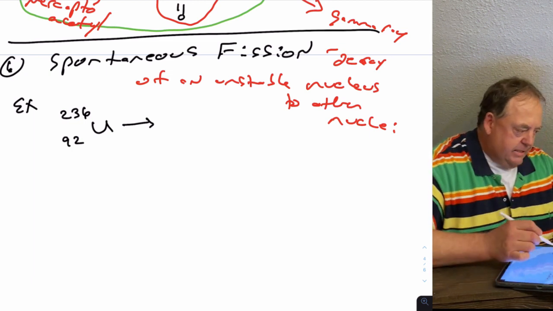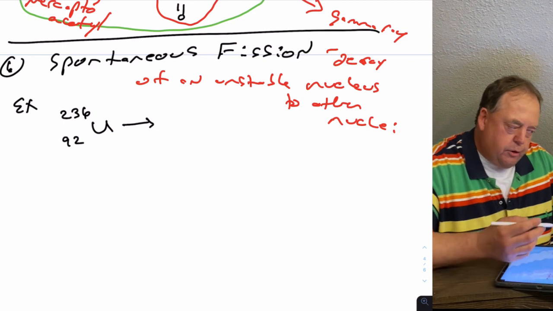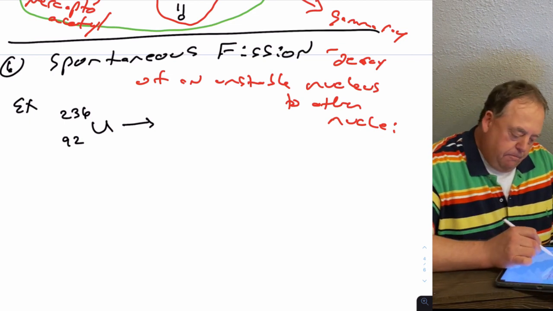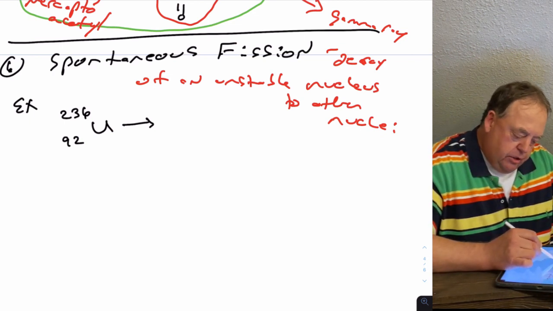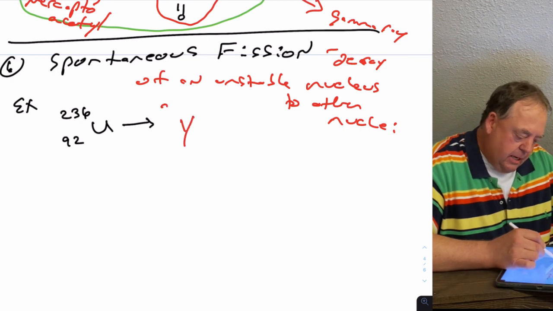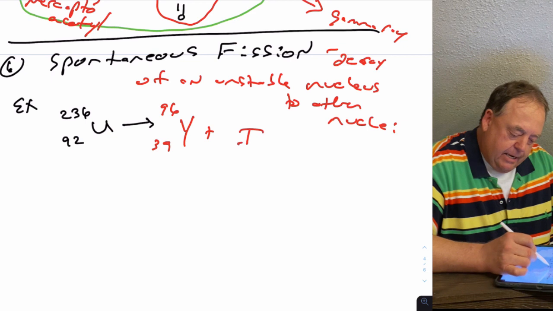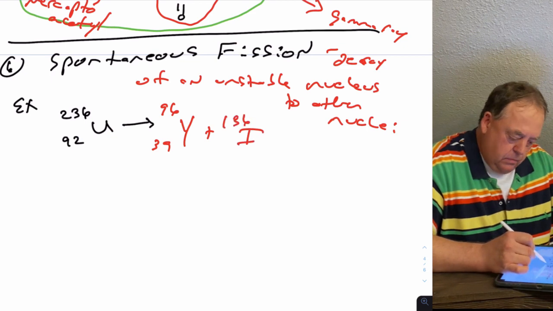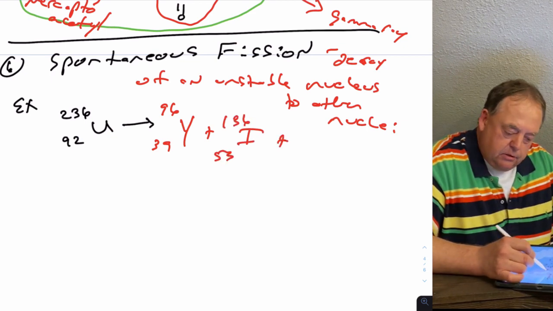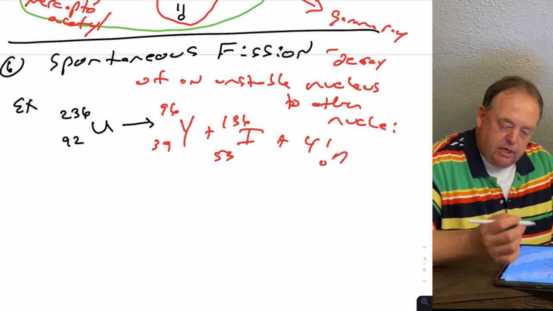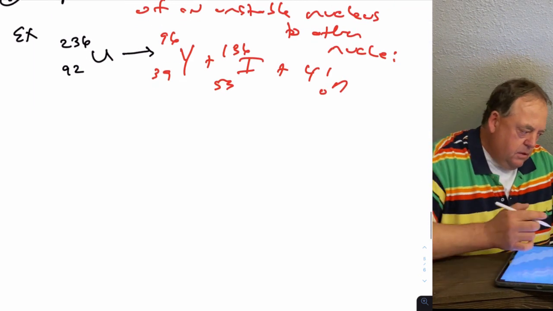If we take an example, uranium-236 will undergo spontaneous fission. So it will decompose to yttrium-96, 39, plus an iodine-136 atom, plus 4 neutrons ejected from the nucleus of the atom.